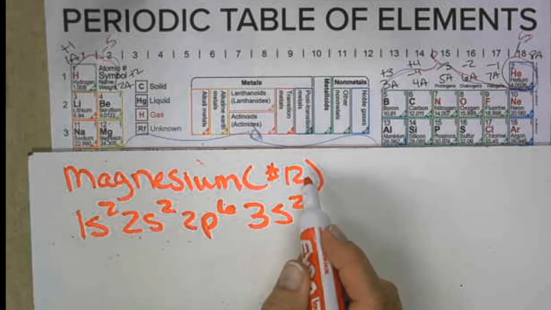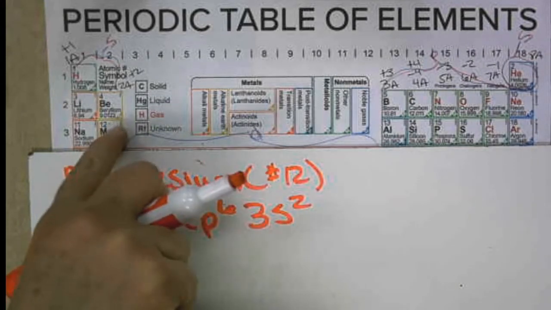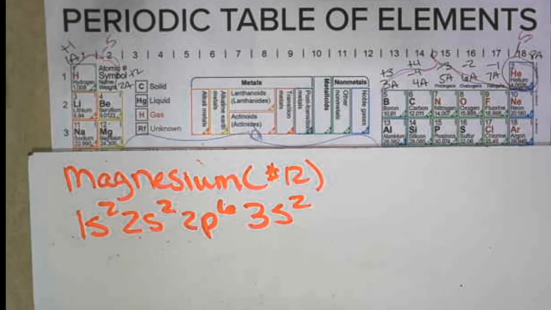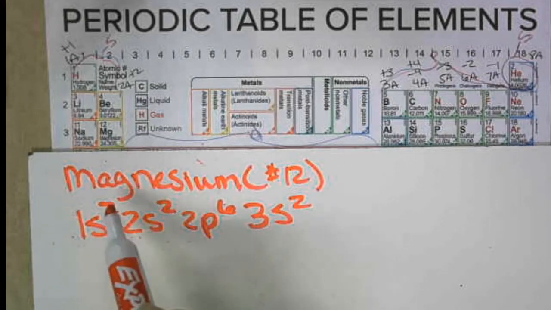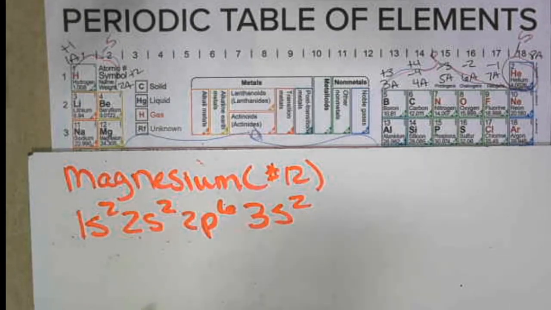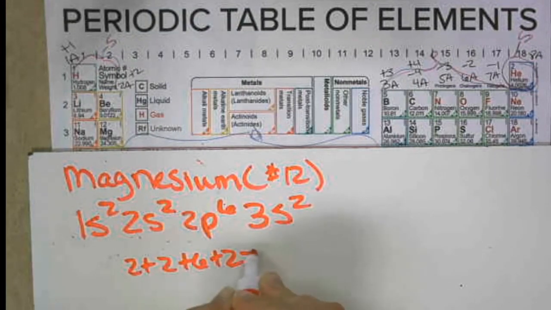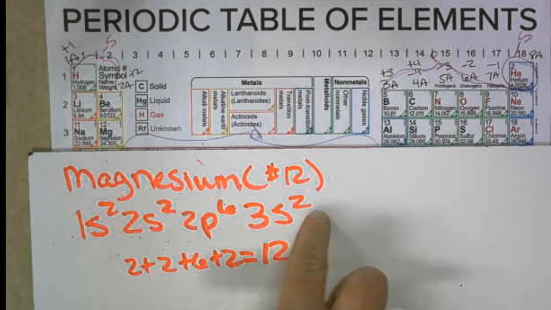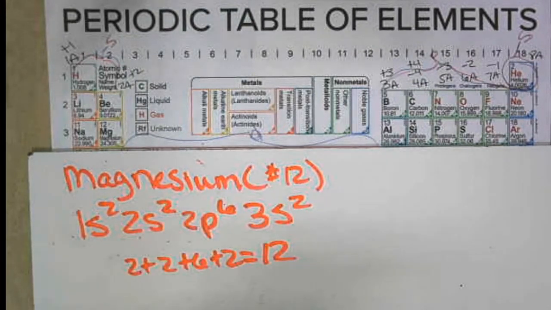But also remember, we said it was number 12, so it had 12 protons, 12 electrons. The numbers in the superscripts must add to 12. So if I do 2 plus 2 plus 6 plus 2, this does equal 12. I have put the right superscripts there. So you can always double check yourself.